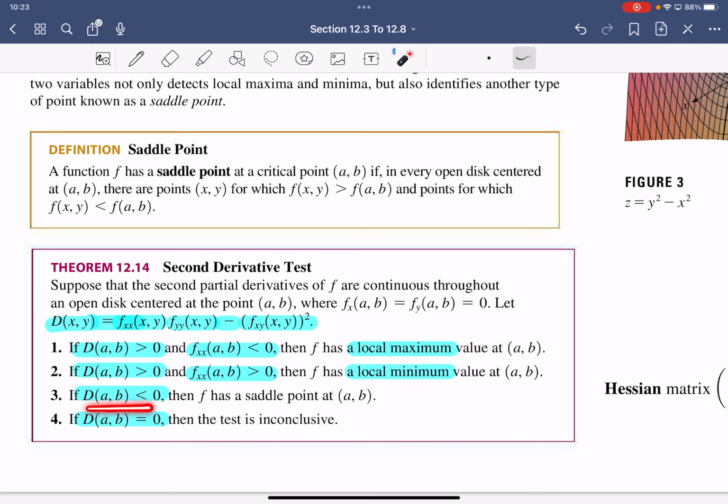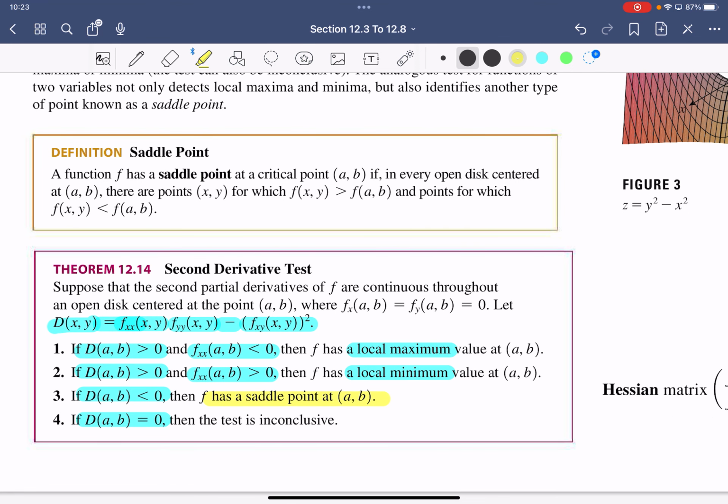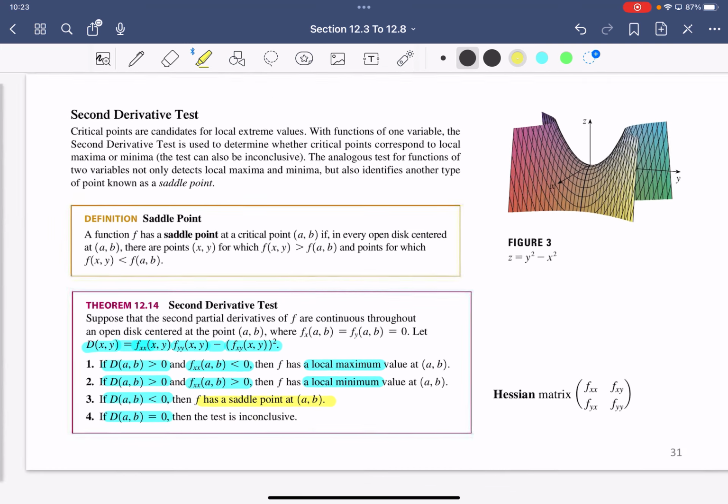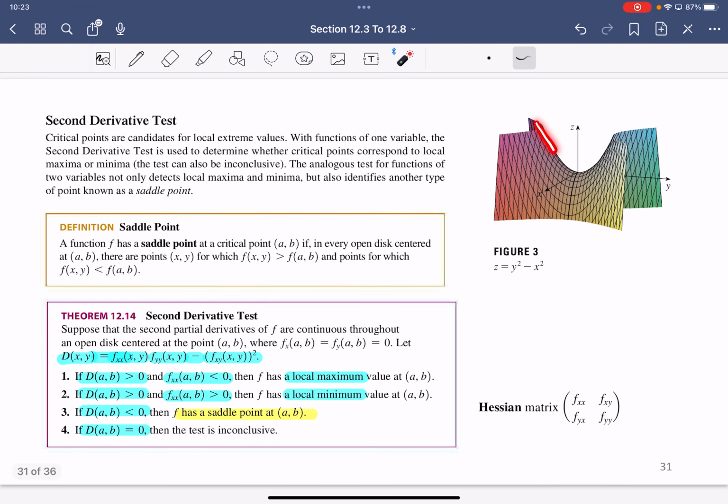But if D is less than 0, it's called a saddle point. A saddle point is similar to the saddle from a horse. So it's gonna be neither max nor min. It's gonna be something like this. So you have a point called the saddle point.